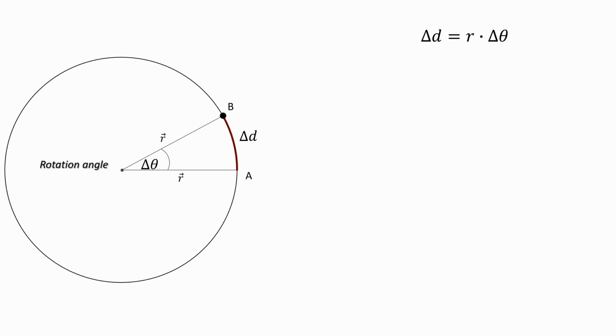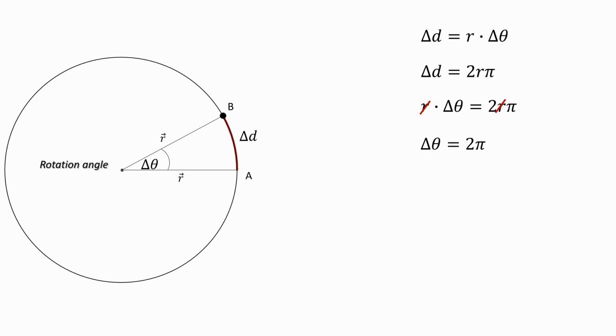The circumference of a circle represents the distance traveled by the object in one complete rotation, which is 2 r pi. By substituting delta d with r times delta theta and cancelling r on both sides, delta theta for a complete rotation should equal 2 pi to achieve a numerically accurate result.